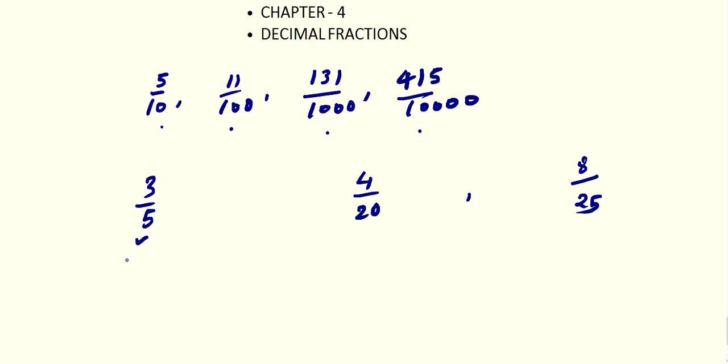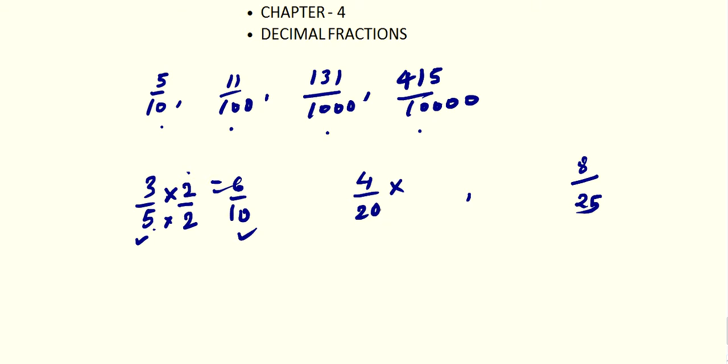If we can get 10 in the denominator, then 3 by 5 will be a decimal fraction. If I multiply 5 by 2, I have to multiply 3 by 2 as well, for equality. So I will get 6 by 10. 10 is the denominator, so 3 by 5 is a decimal fraction.